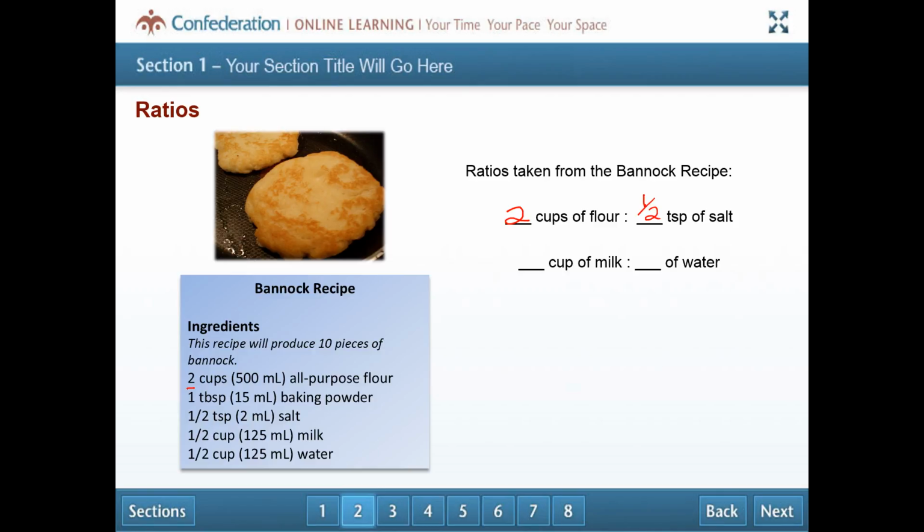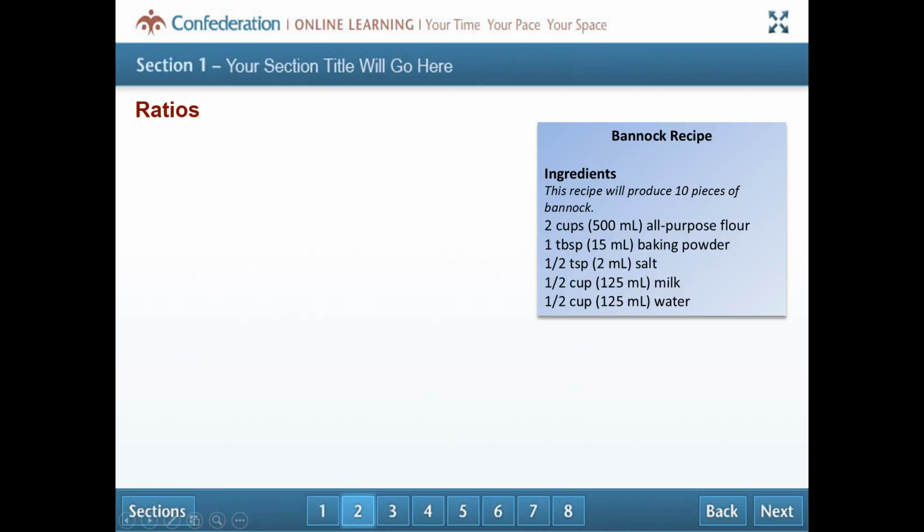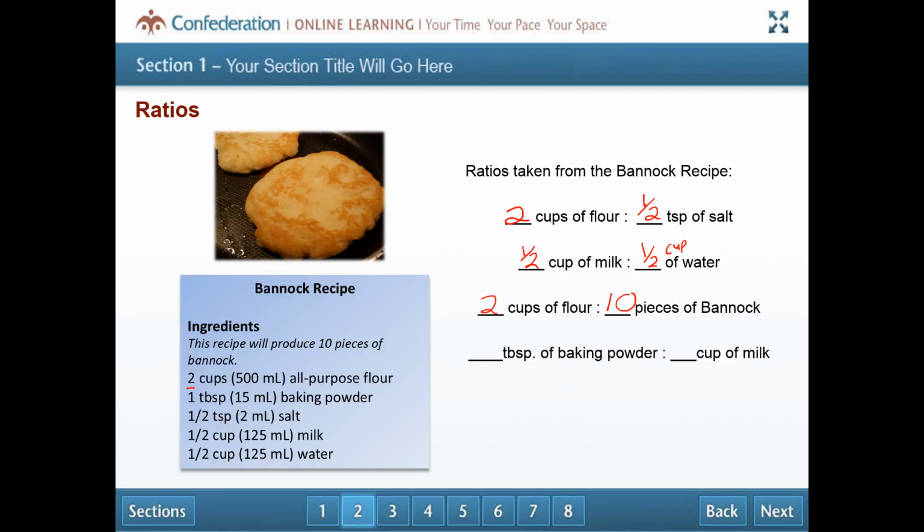How about milk to water? 1/2 cup of milk and 1/2 cup of water. What about flour? 2 cups of flour to how many pieces of Bannock? We could make 10 pieces of Bannock. So there's all kinds of different ratios that we can get from that.